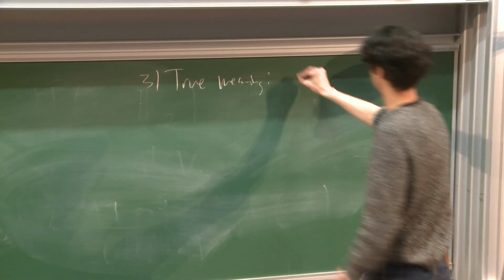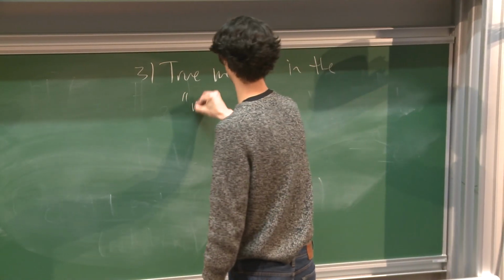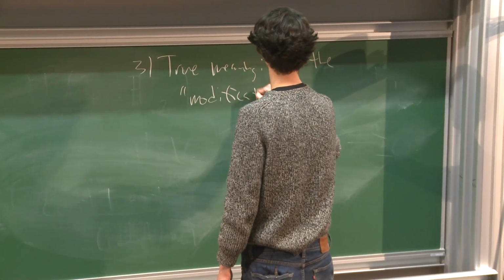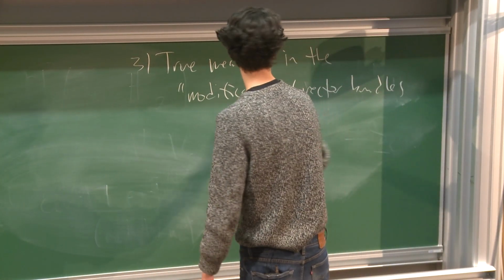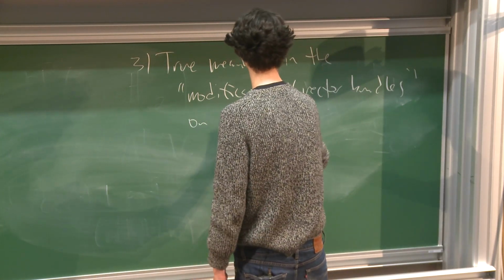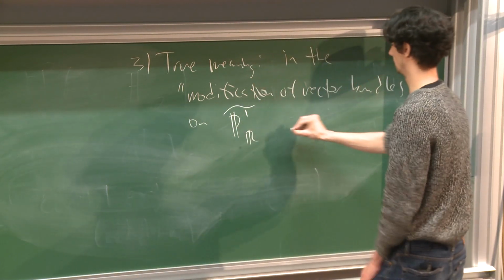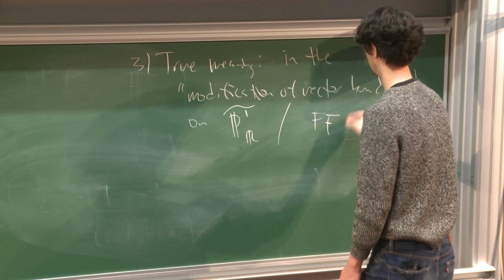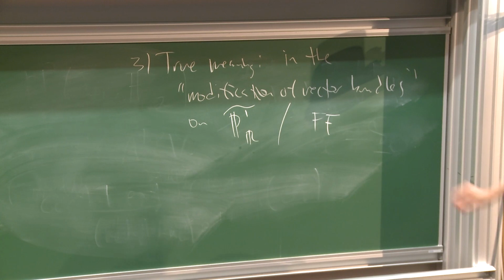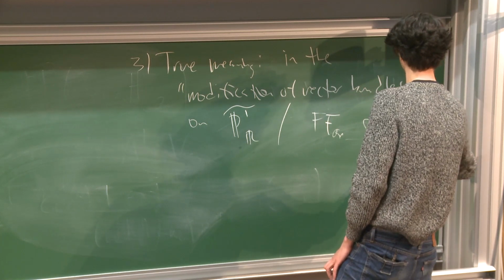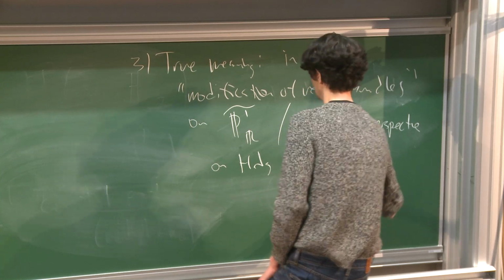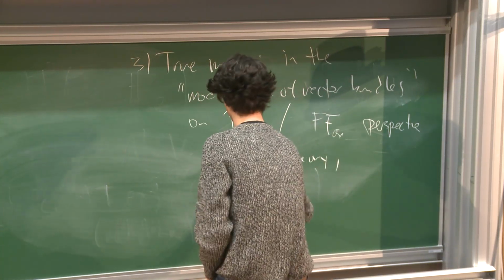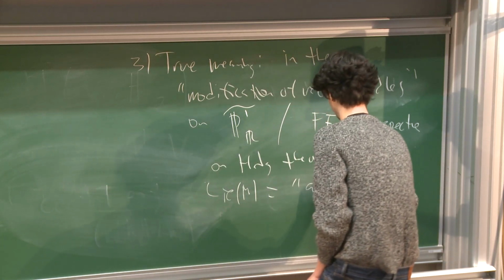If you look at the modification of vector bundles on twistor P1 in the case of usual Hodge theory, or the Fargues-Fontaine curve in the case of p-adic Hodge theory, this is a perspective on Hodge theory. This Lie algebra of M is the amount of modification.